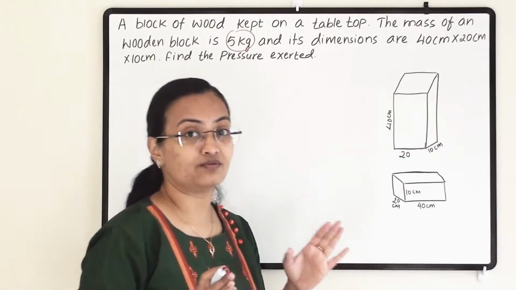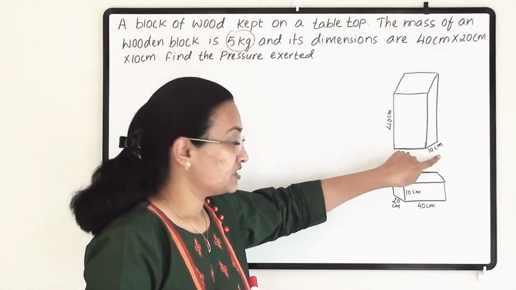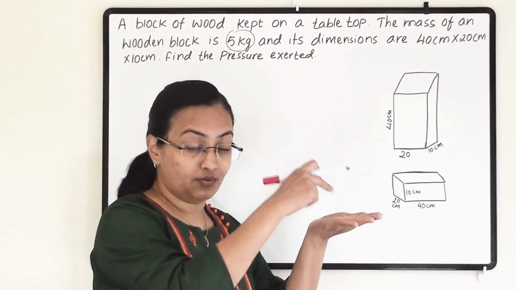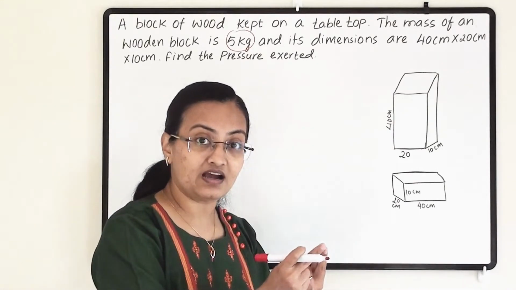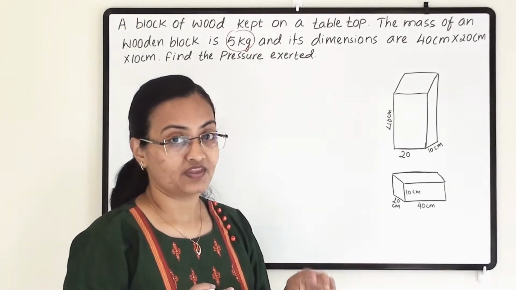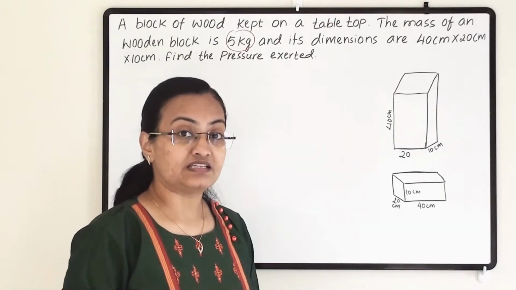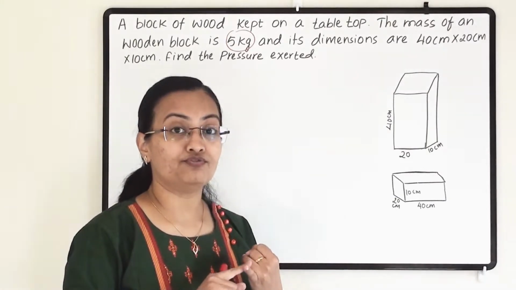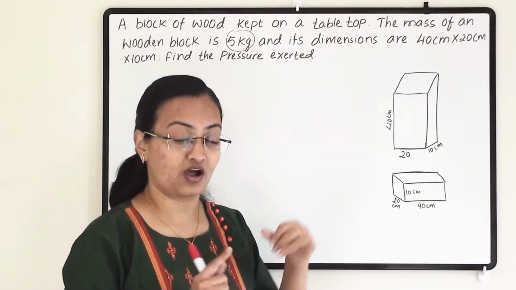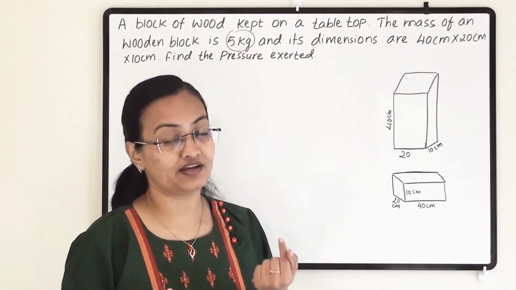For that we have to find out the area, how much area of the block is touching the tabletop. In that area it is exerting a pressure. Second, we have to find out how much pressure it is exerting from this much mass. So first we have to find the force it is exerting for that particular area.